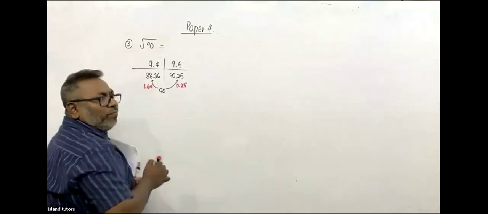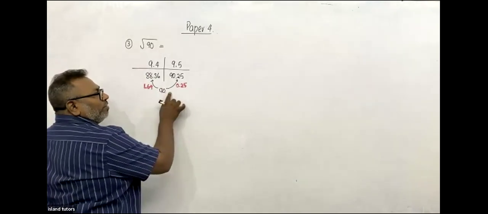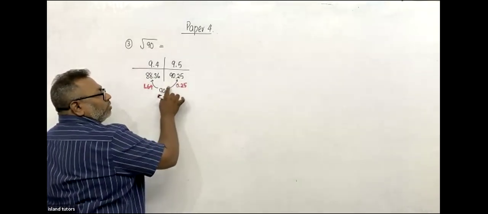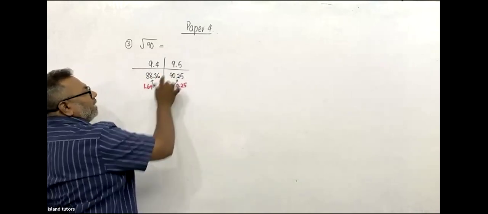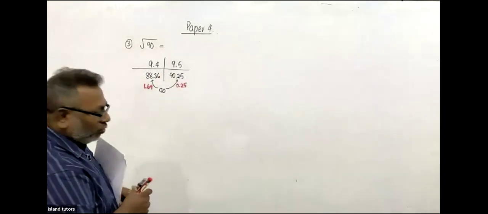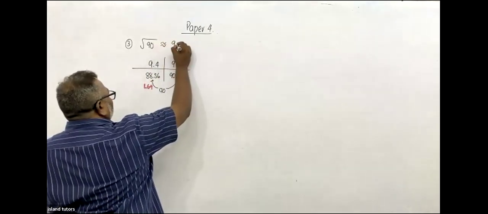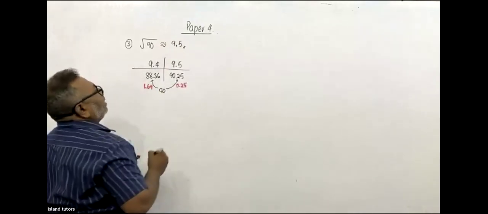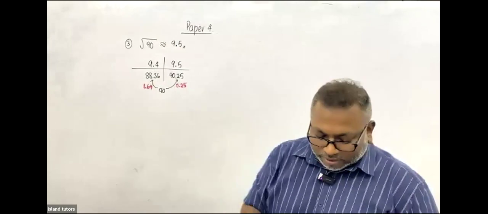So you can see which one is closer. 0.25 is closer to 90. So for 90.25, the closer value you will take is 9.5. So square root of 90 is approximately 9.5. Okay, that's a short question.